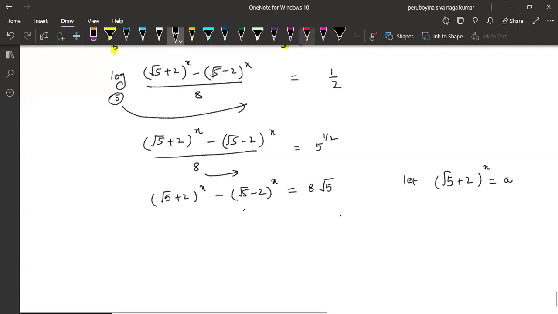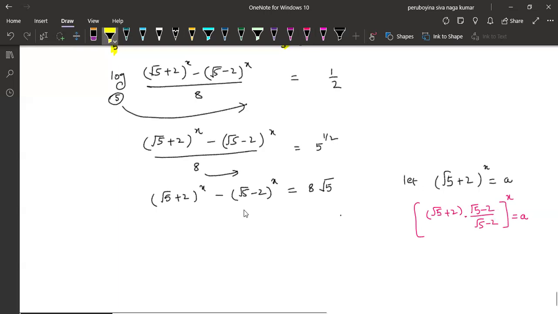This is all rough work. I'm trying to rationalize this root 5 plus 2, so I want to create root 5 minus 2. I want to multiply by root 5 minus 2, and the whole thing will be under the power of x. I'm just rationalizing this numerator.